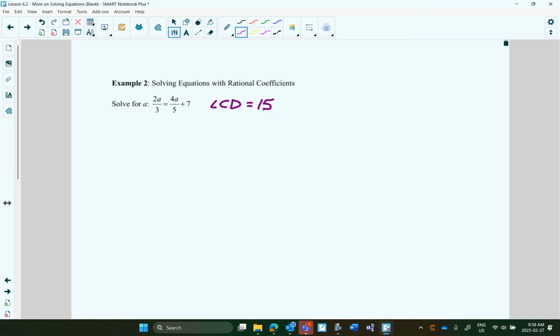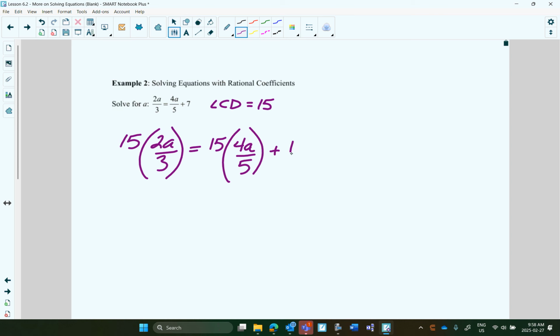So that means it's going to look like this. 15 times 2a over 3 equals 15 times 4a over 5 plus, even if it's not a fraction, you still got to multiply it by 15.